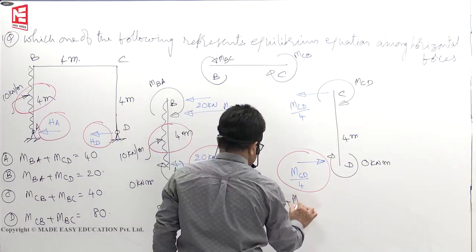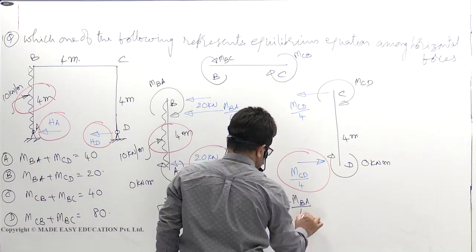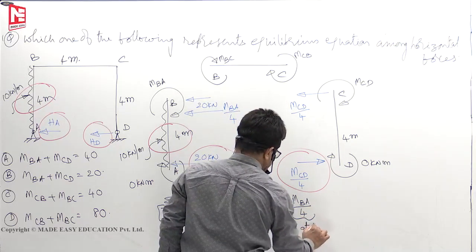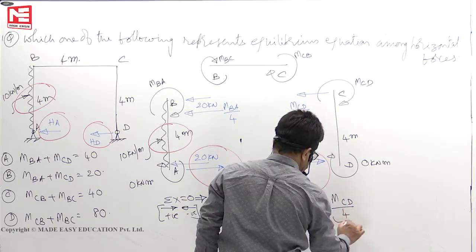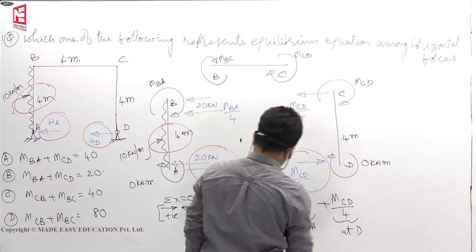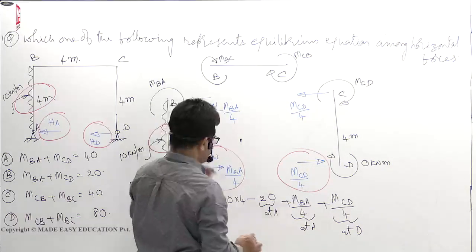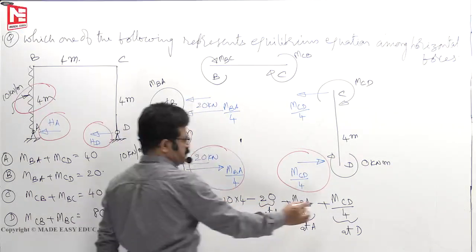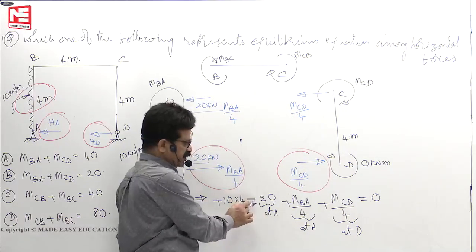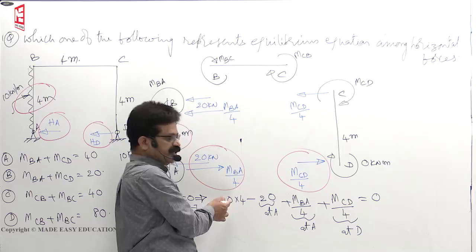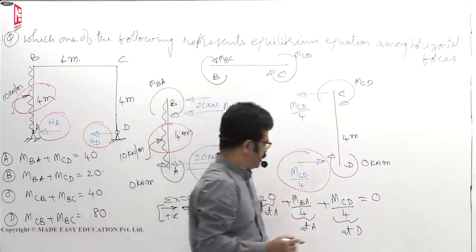Plus MBA by 4, this is also acting at A. This is also at D, acting right side at D. So at A, D, UDL only you have to write. Must be equal to 0. 40 minus 20 plus 20, 20 into 4, 80 plus 80. Push it to the right side.